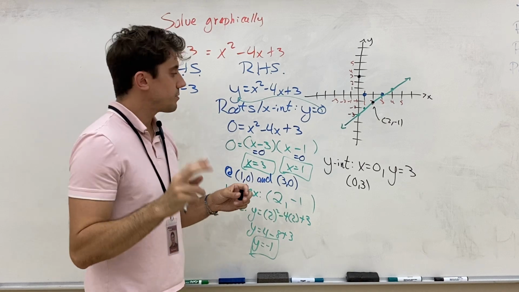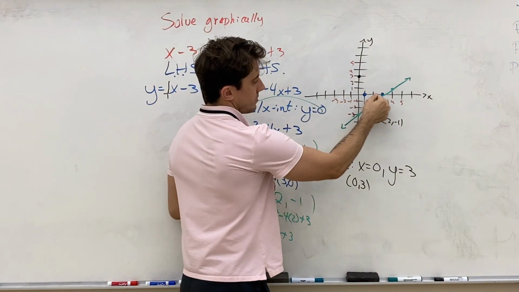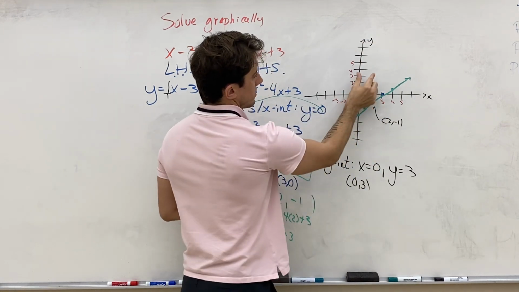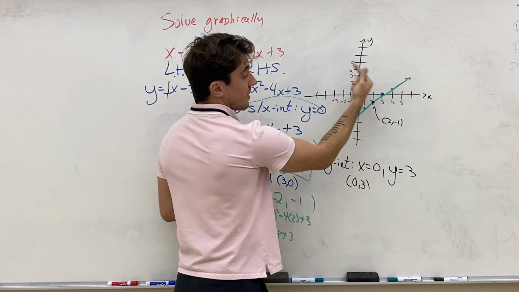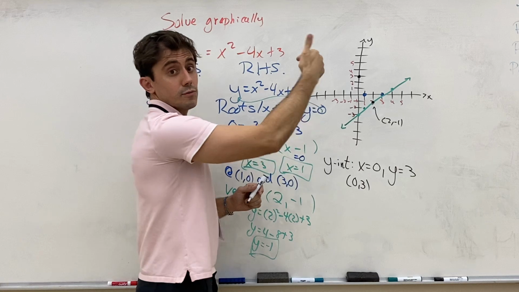And now that fifth point is typically the mirror image of the y-intercept. You can imagine the vertex is on the line of symmetry for our parabola. Since the y-intercept is 2 units to the left of it, we have the mirror image 2 units to the right of it as well.